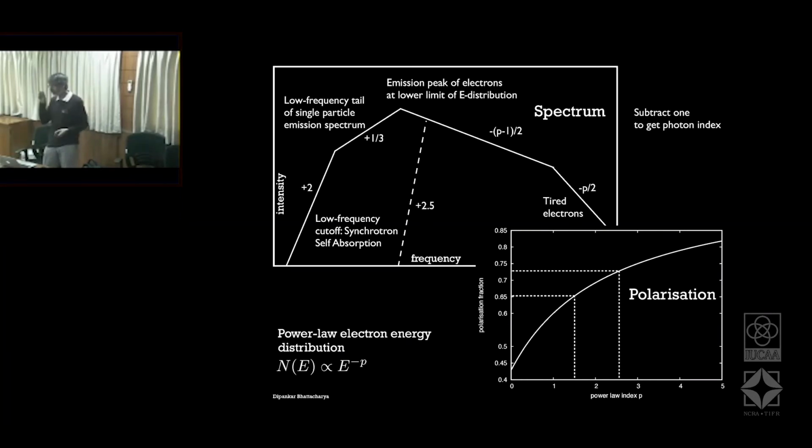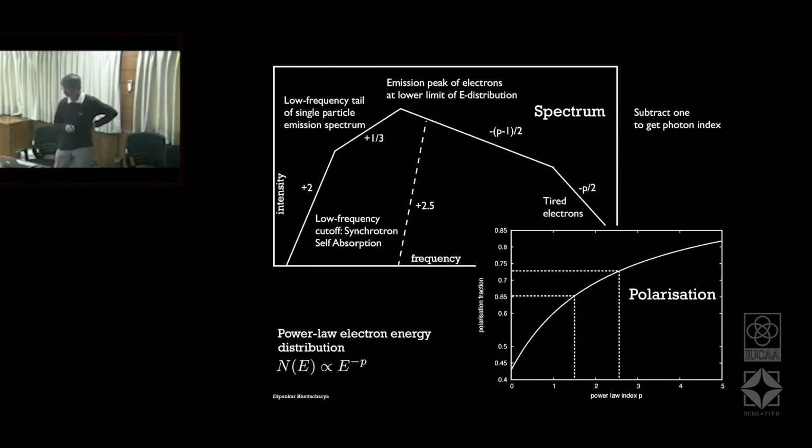So instead of kT, what you have is a characteristic energy, a characteristic energy of particles which are producing the radiation at the frequency that you see. Now, if you have a particle energy distribution which truncates at a certain energy, all emission below that energy is basically a product of particles at that energy, because they are the largest in number and they are also the closest in frequency to us. Come again.